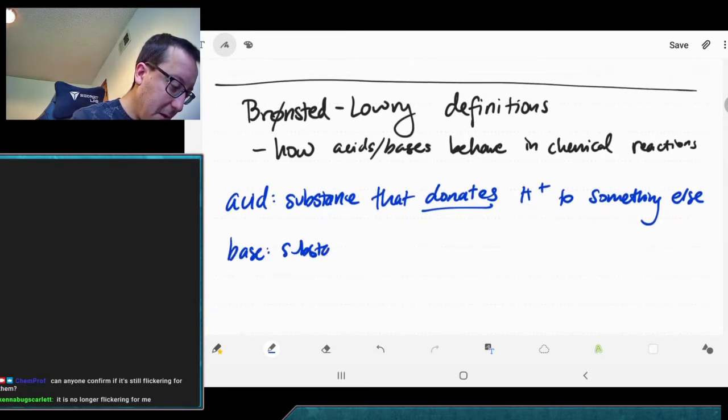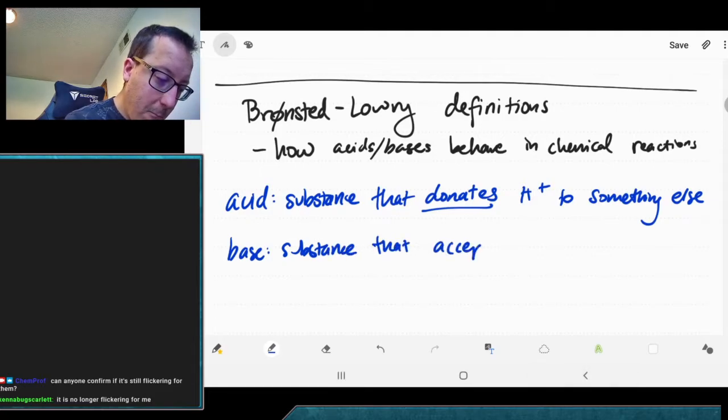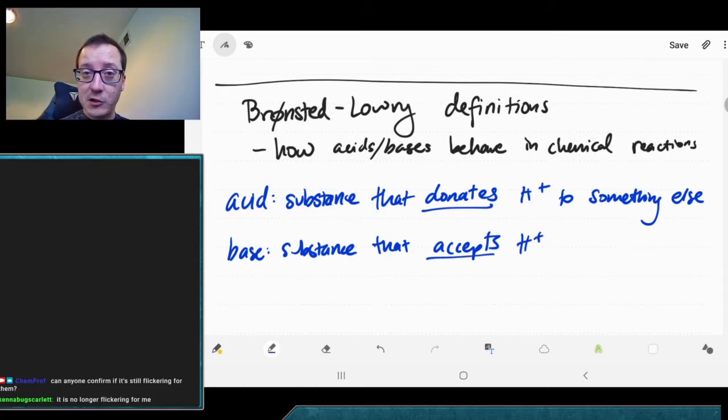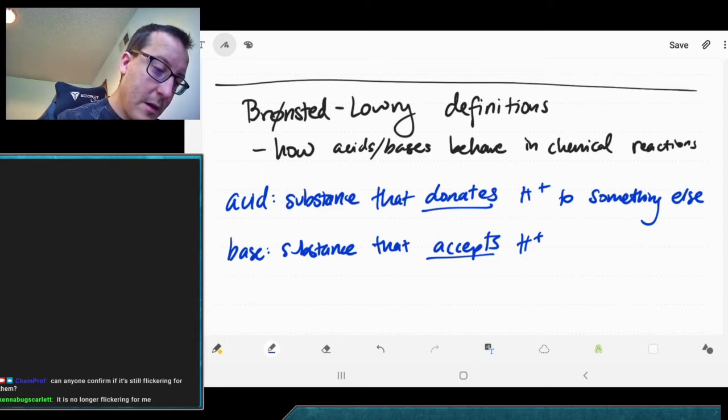It's a substance that accepts a proton. H plus is a proton, right? The hydrogen atom is just a proton and an electron. If it loses the electron, it's just a proton, so you'll often hear people just say proton instead of H plus. I guess a little bit easier to say. And so the bases will accept protons.